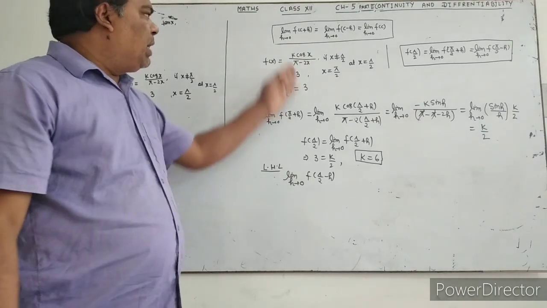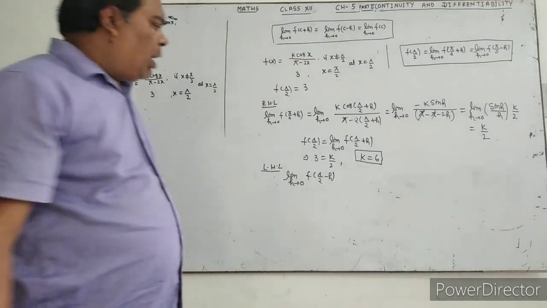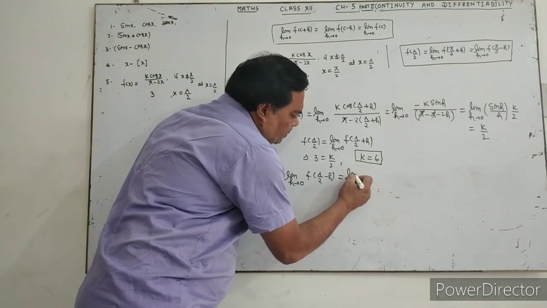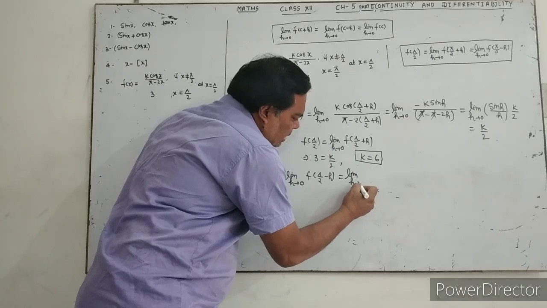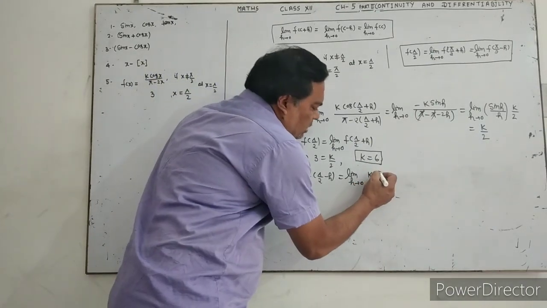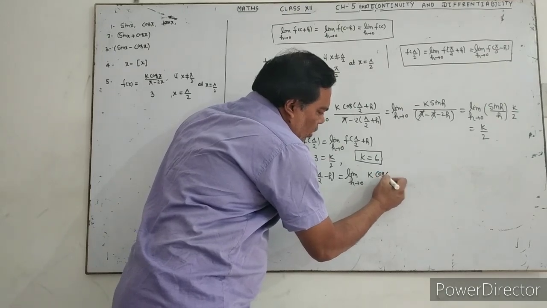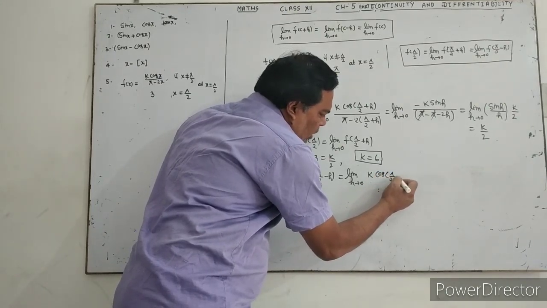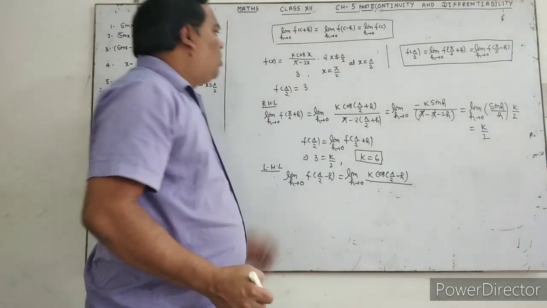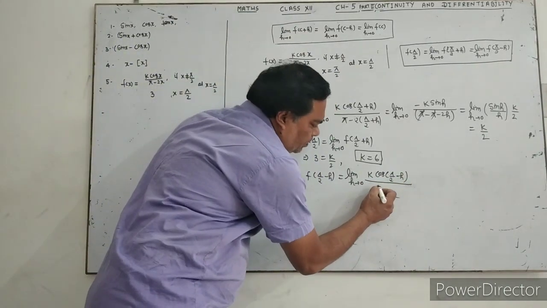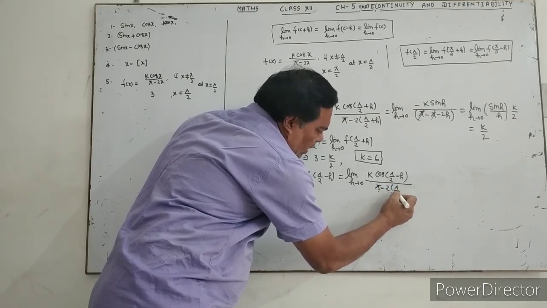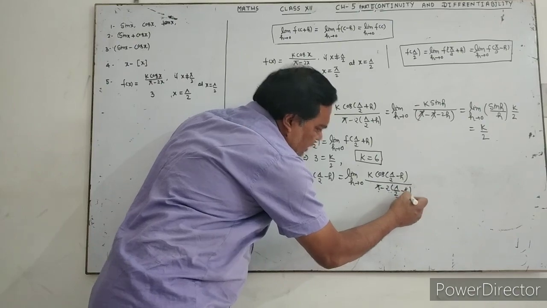In place of x, you put π/2 minus h, which equals the limit as h tends to 0 of a cos(π/2 minus h) divided by π minus 2(π/2 minus h).